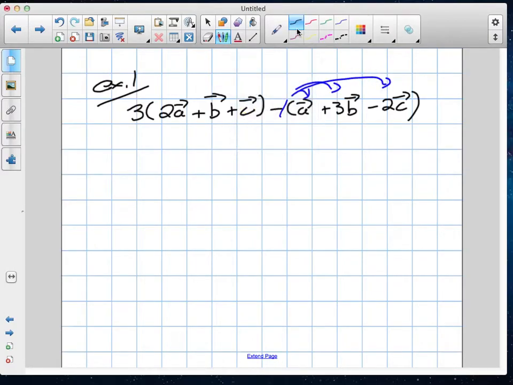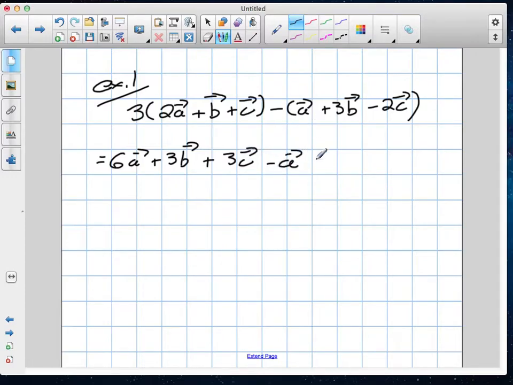So we're going to simplify that by moving that number in. We'll then get 6 vector A plus 3B plus 3C. And then we multiply by negative 1, gives us negative vector A minus 3 vector B plus 2 vector C.